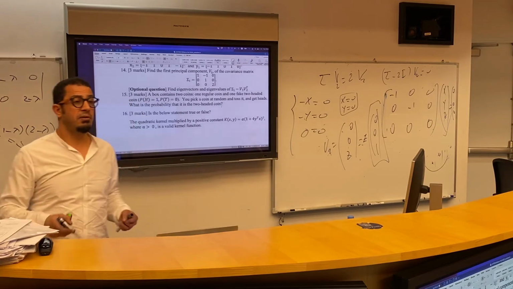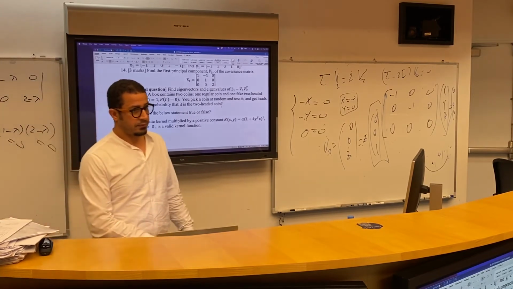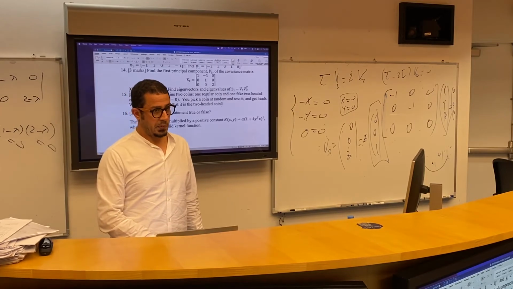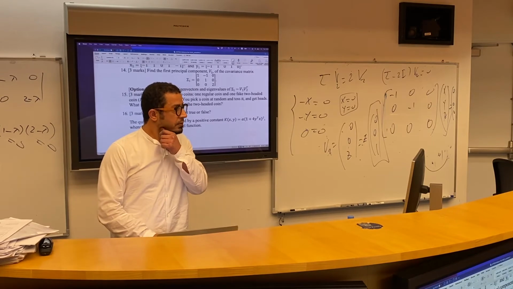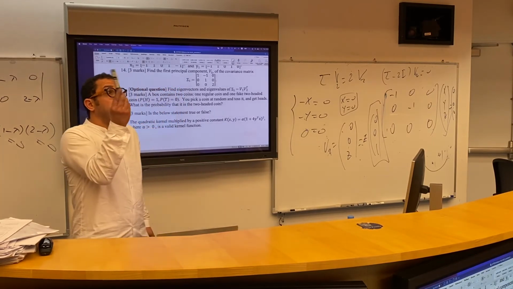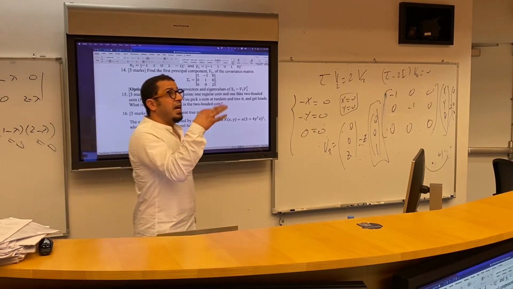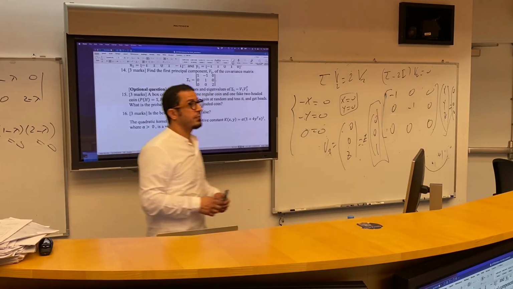You do the same thing for lambda 1. Yeah, because at the end we need only the directions. So for z, it doesn't matter, any value. Because I need to get only this one.